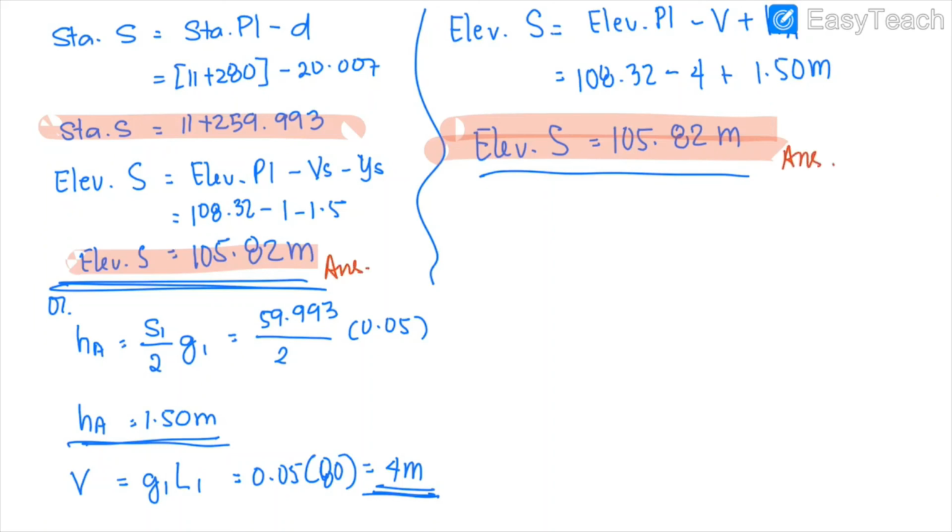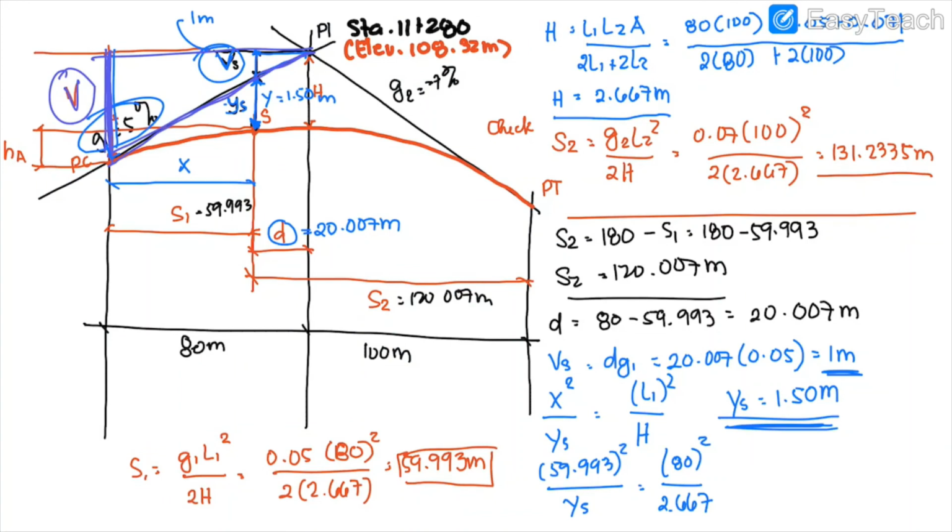For this problem. So, how about if you're asked to identify the elevation of, let's just say, point A, which is at this specific distance from PT, let's just say that is XA. So there are two ways in which you can solve this one again.